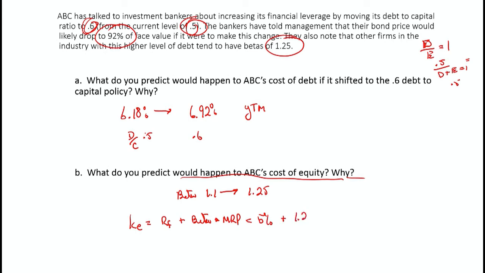Beta goes to 1.25. Market risk premium still stays at 6%. So this winds up being 12.5%. And again, we see that the required rate of return on equity has gone from 11.6% with the debt to capital ratio equal to 0.5 to 12.5% with the debt to capital ratio equal to 0.6.